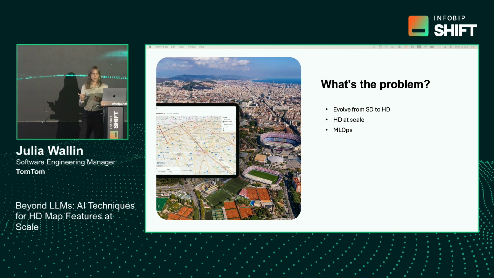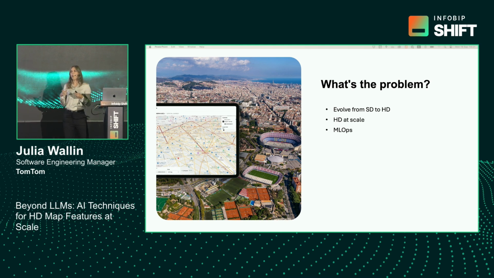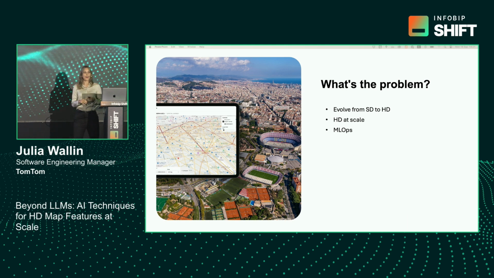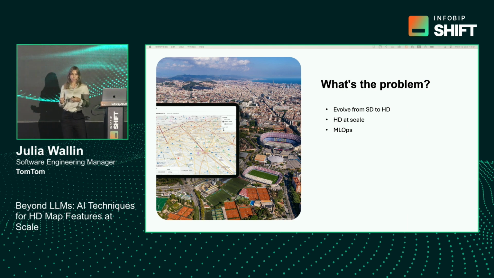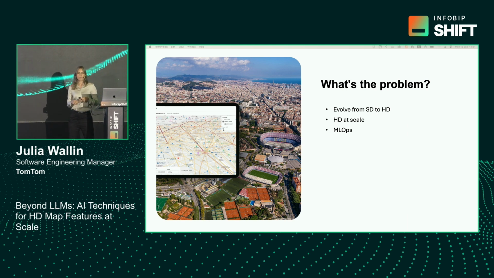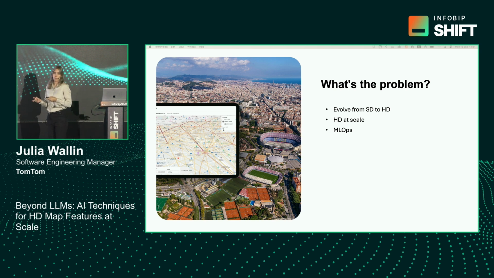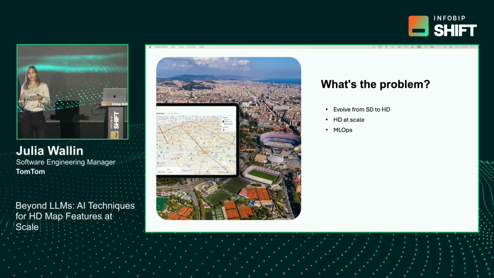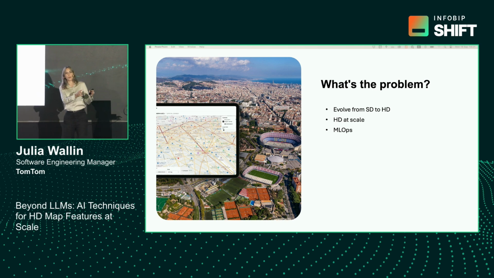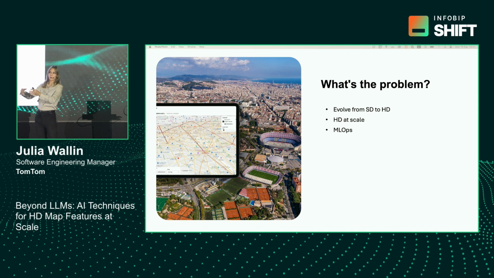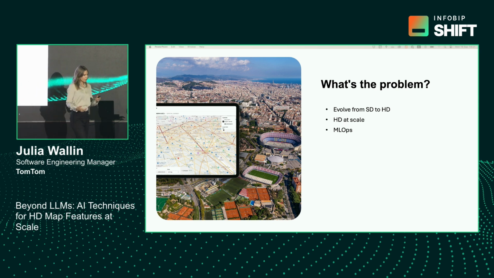HD versus SD means more details, better positional accuracy, for example, from the same sources, though, by the way. It's not like, oh, before we only had like these kinds of pictures, and now we're creating HD, so now we have like better pictures. No, we have the same.